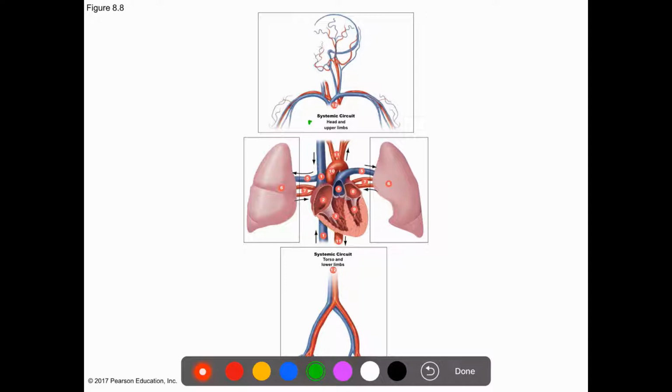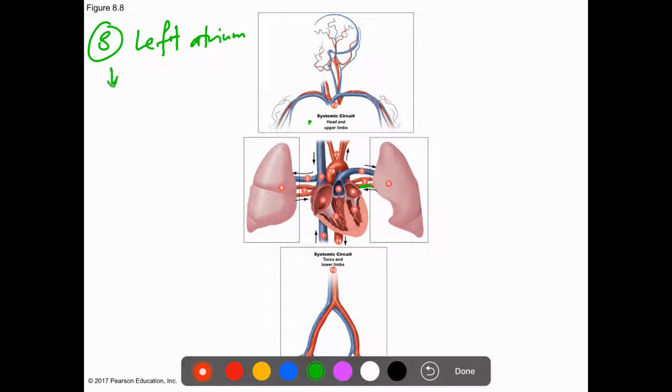We ended up with the blood coming back through the pulmonary veins from the lungs, and that is oxygenated blood now. It goes into number 8, which is the left atrium. Into the left atrium.